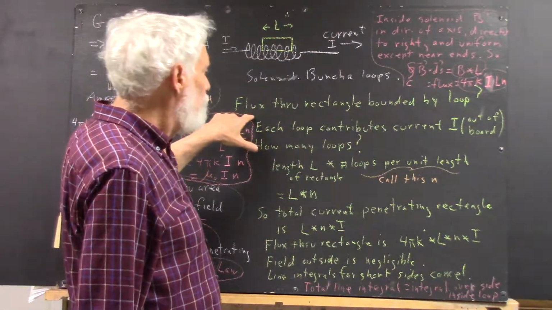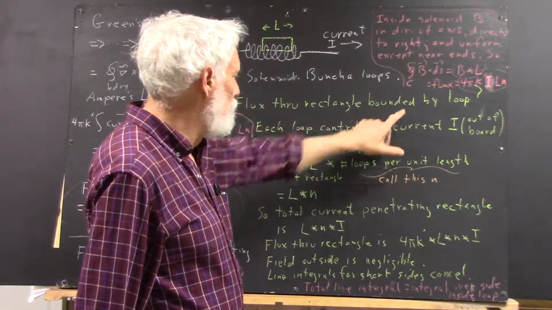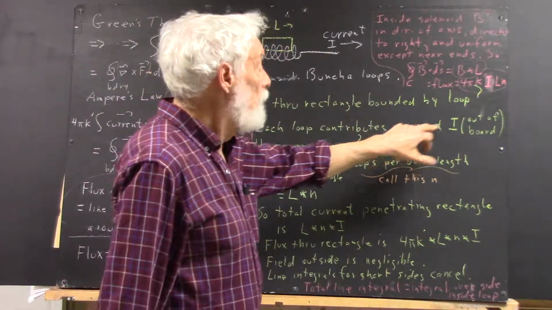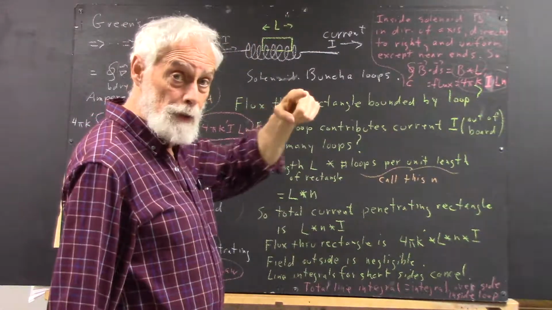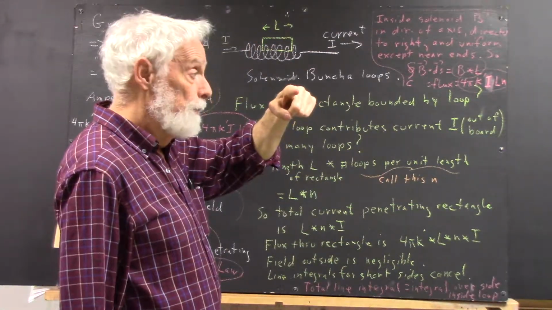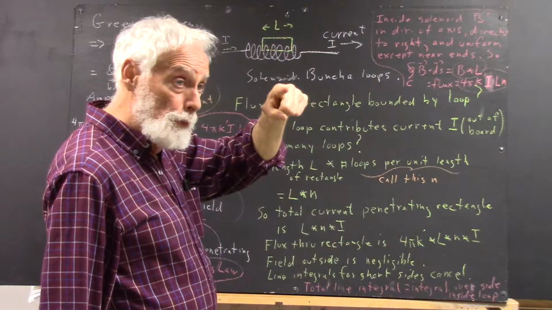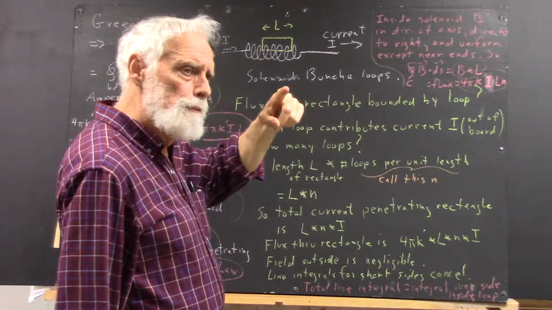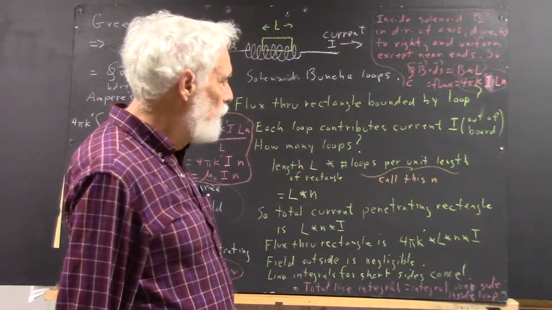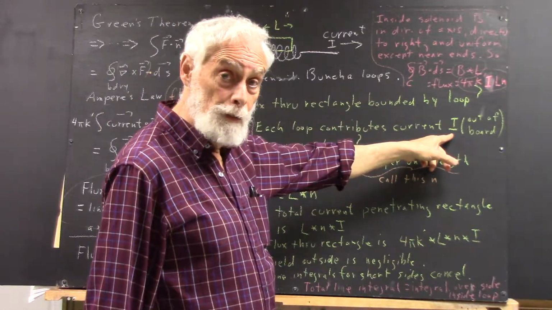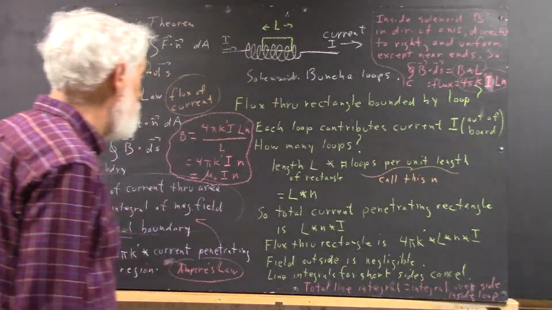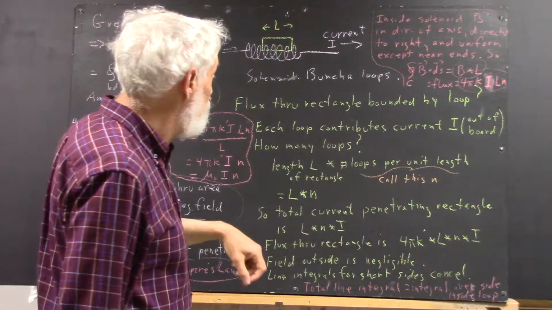So let's reason through it. The flux through the rectangle bounded by the loop: each loop is going to penetrate the rectangle at one point, the top of the loop, and the current is going to be parallel to the normal vector at that point. So each loop is going to contribute current I. How many loops are there?